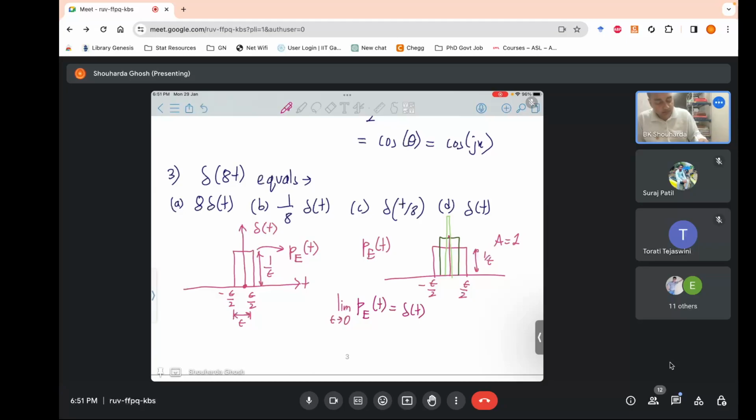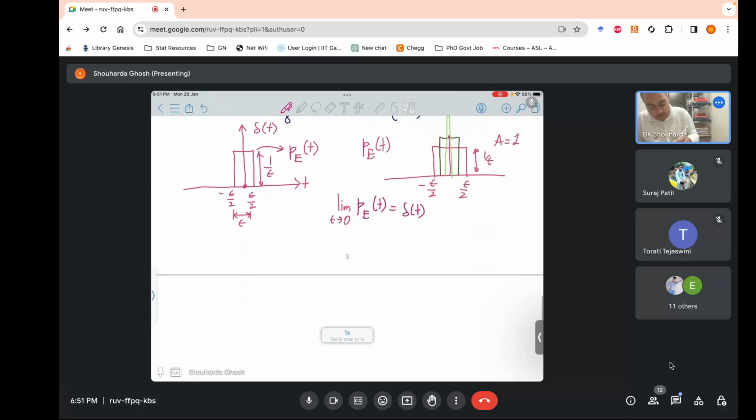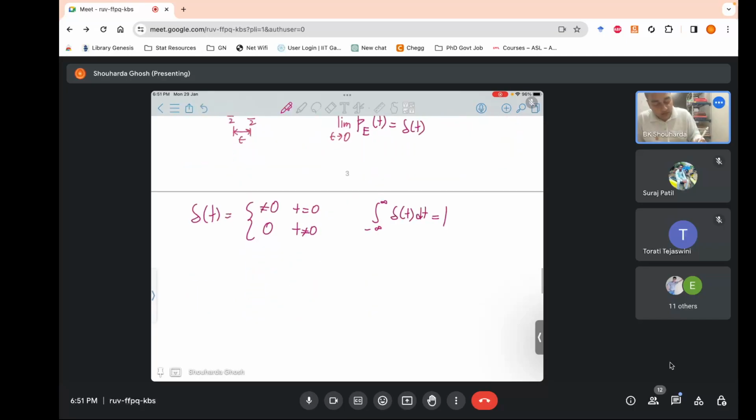So we often say that delta t is a function which is not equal to 0 at t equal to 0, it's equal to 0 at t not equal to 0, and the integral over minus infinity to infinity of delta t dt is 1. Another very interesting thing is that the integral over a to b of delta t dt is 1 if 0 lies between a and b.